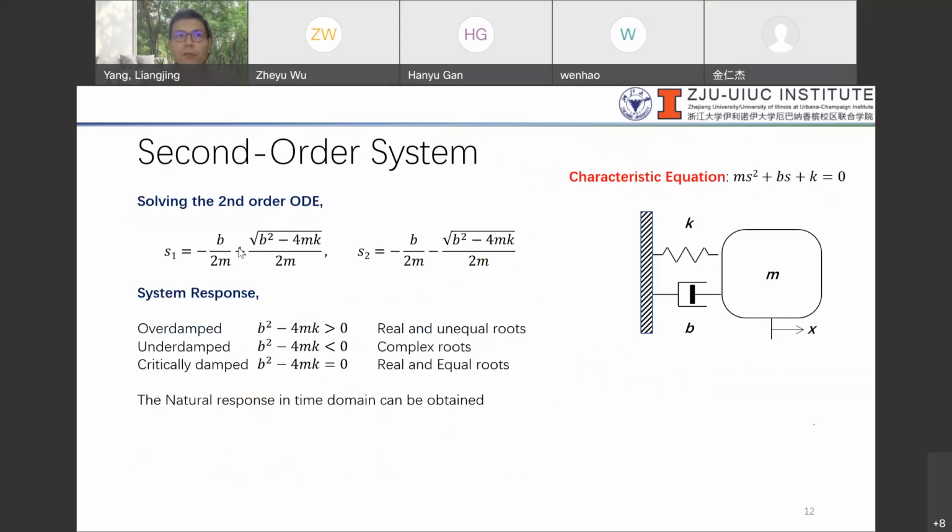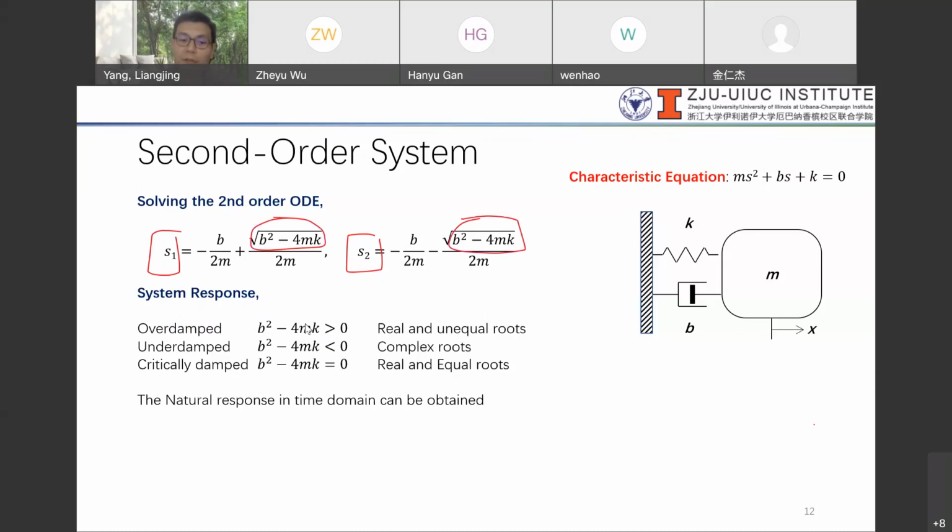Right. So from here, if we use the quadratic formula, we can very quickly get the two poles here, right? And from here, by looking at the determinant here, we can already have some information about the system.